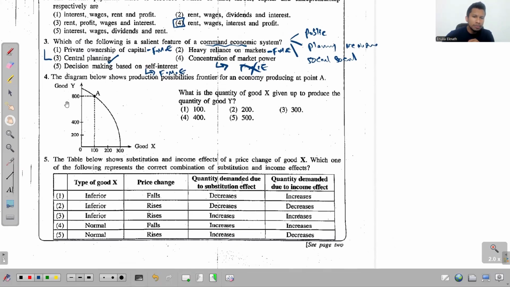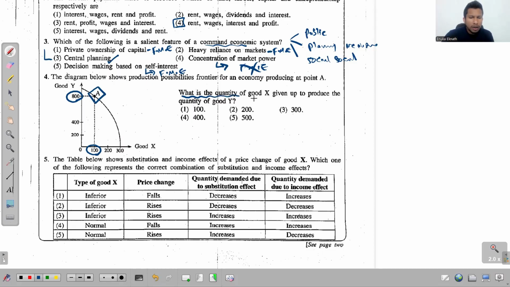Right. Look at this fourth one. The diagram below shows a production possibility frontier for an economy producing at point A. See, right now the economy is at point A, which means the economy produces 800 units of good Y and just 100 units of good X. And given this, what do they ask us to calculate?